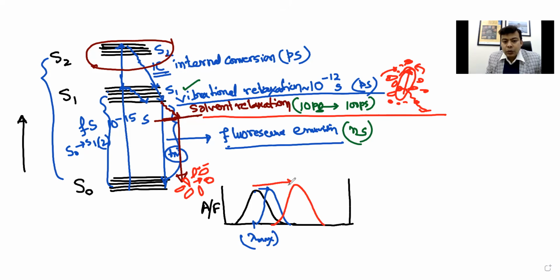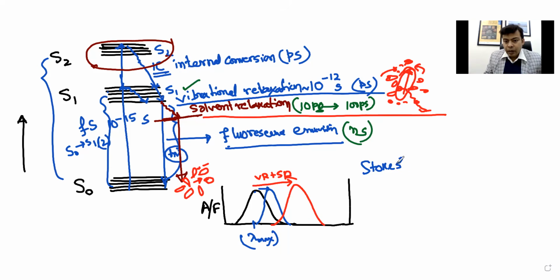And this is due to just vibrational relaxation. Now this is due to both vibrational plus solvent relaxation. So there is a shift in the fluorescence spectrum compared to the absorption max. Therefore, what essentially you are talking about is the Stokes shift, because it was discovered first by Stokes.